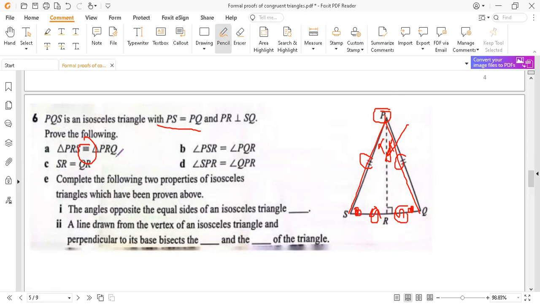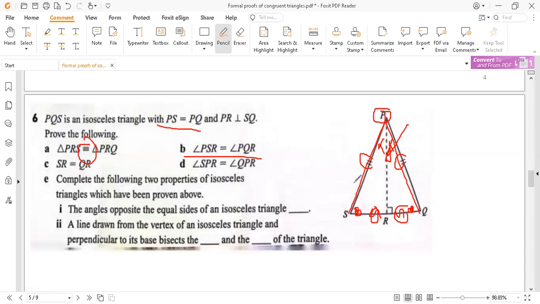Good. When we have all this information, the two triangles PSR and PQR are congruent. So angles PSR and PQR are equal.